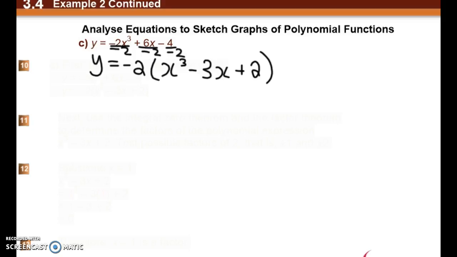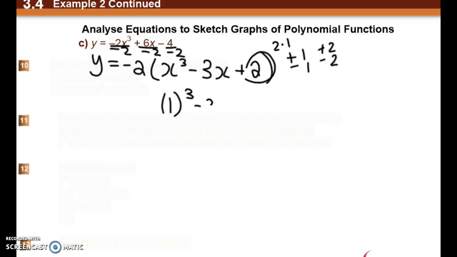So remember, if we don't have a factor, we can look at our 2. And multiples of 2 are 2 and 1. So that means that we could try using positive 1 or negative 1, positive 2 or negative 2 to see if they're a factor. So let's do that remainder theorem. And let's just try subbing in 1 and see if it's a factor.